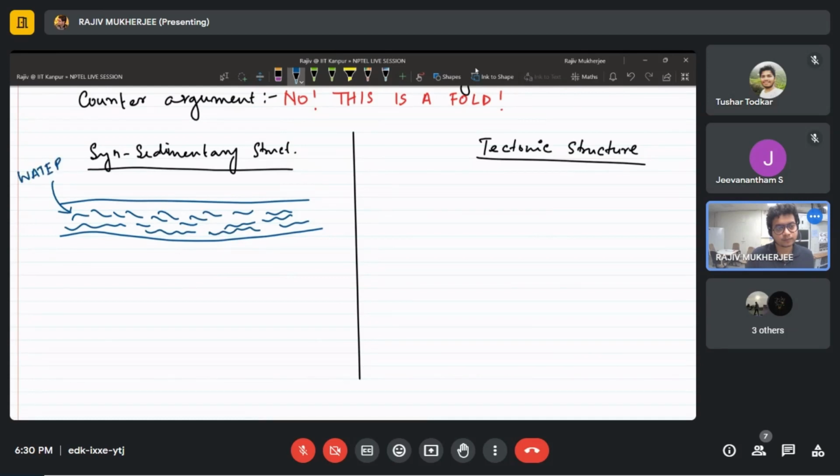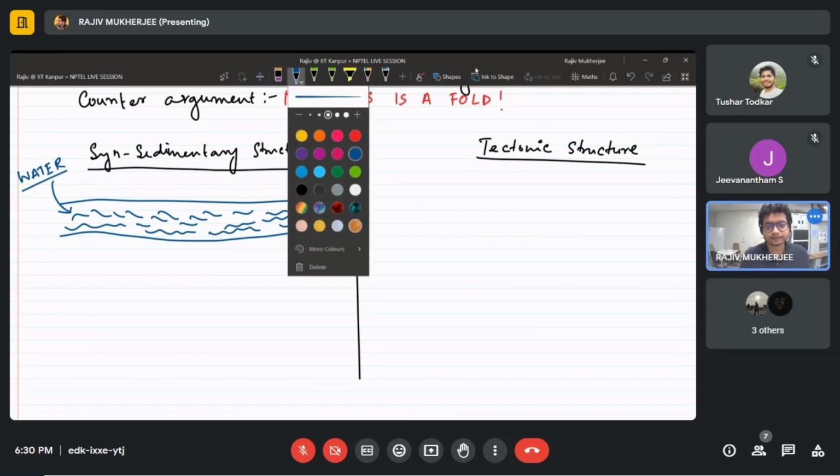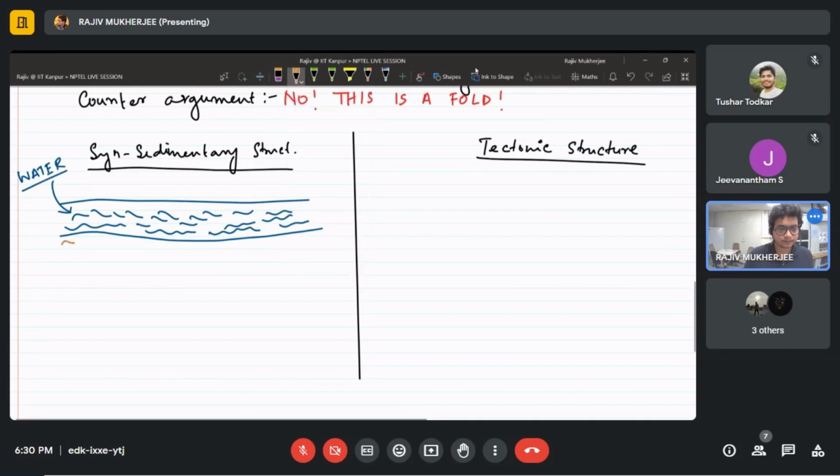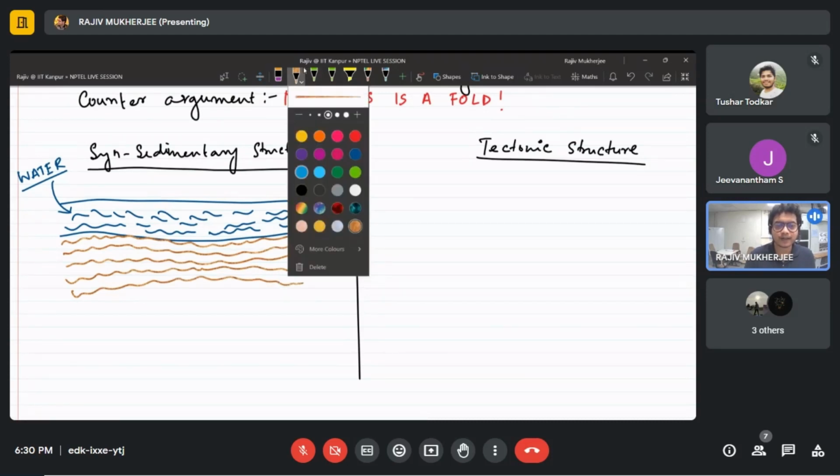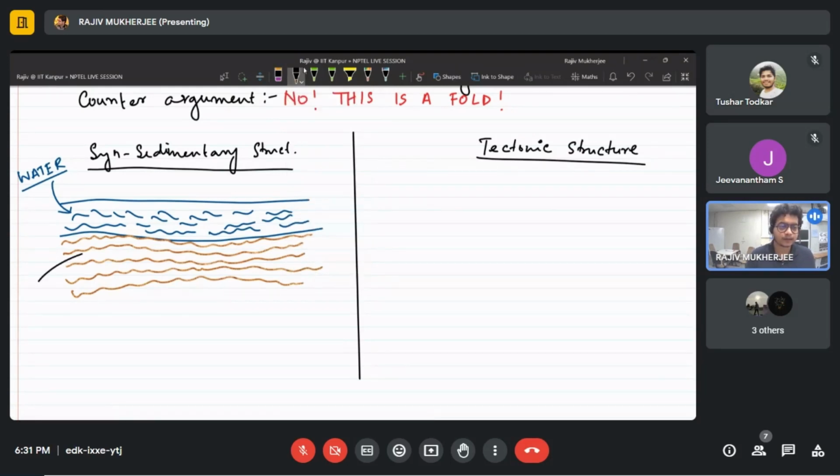And then we have sediments, right, at the bottom. We have some sediment deposit. So these are layers of sediments, right? Sediment always deposits as horizontal layers.